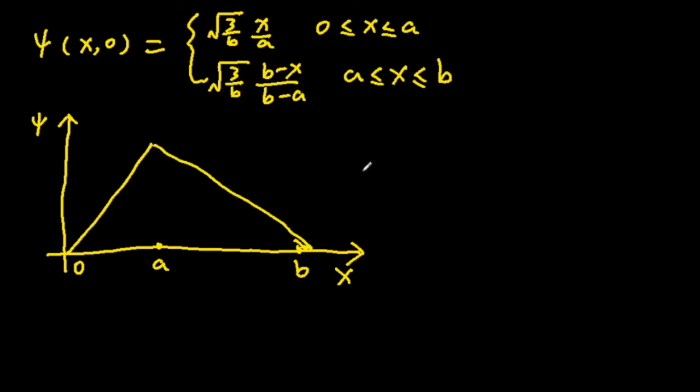Question C. Where is the particle most likely to be found at t equals 0? The probability rho of x equals the squared absolute magnitude of psi. So rho may look like this.